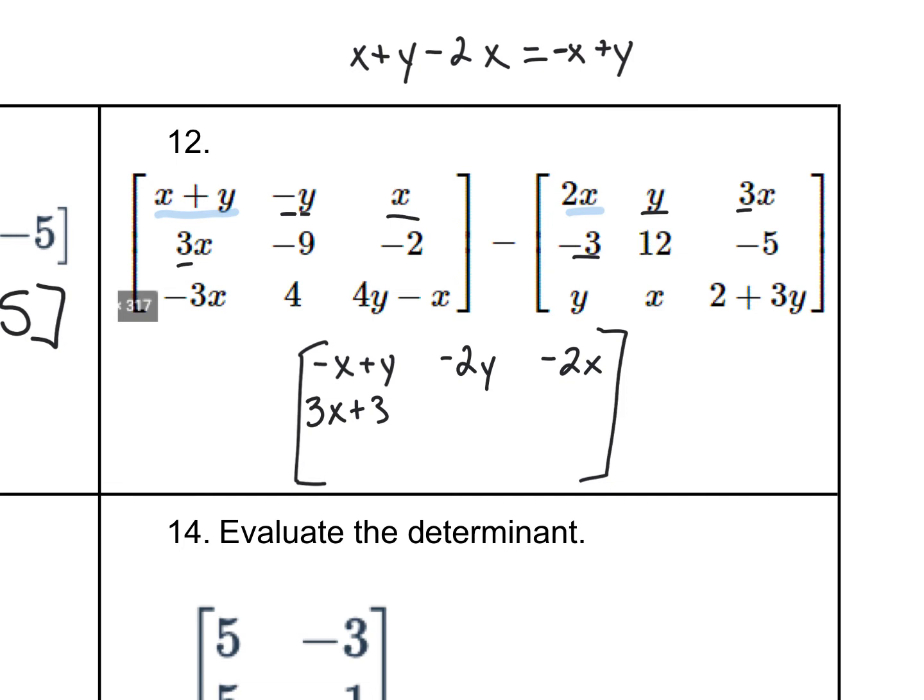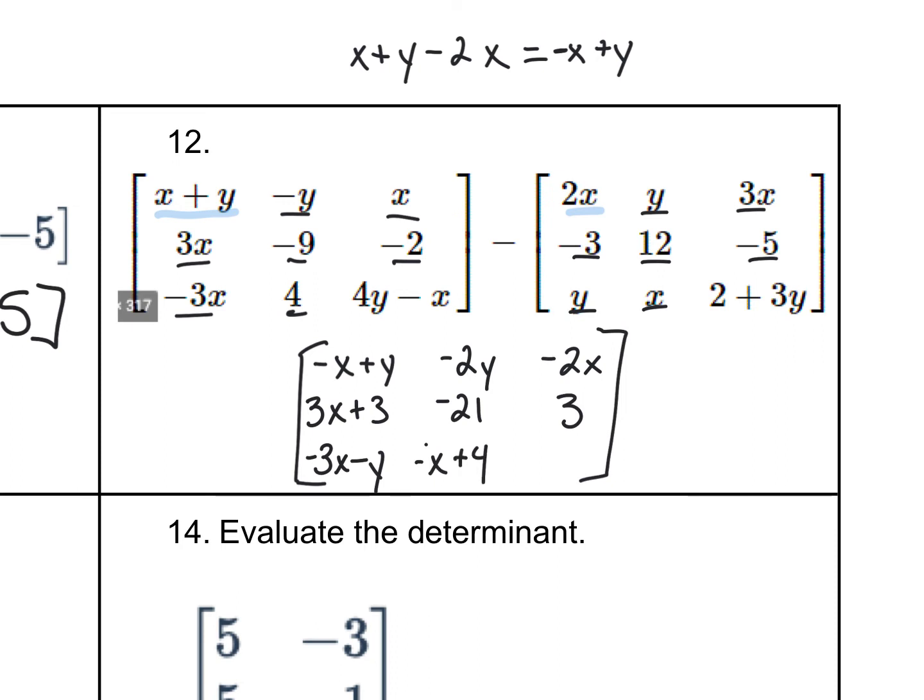Negative 9 minus 12, negative 21. Negative 2 minus negative 5, 3. Again, use a calculator on these if you need it. Negative 3x minus y. Yep, can't do anything with that. 4 minus x, negative x plus 4, or just 4 minus x, whichever.